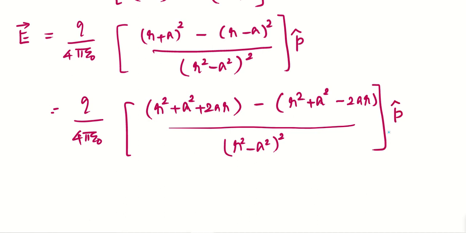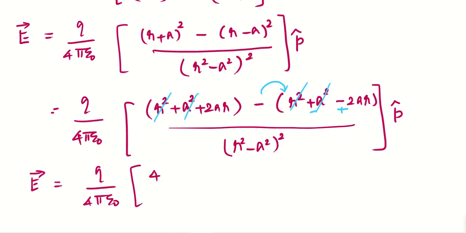So if you see here, r squared and the minus r squared go away, a squared and the minus a squared also go away, and the minus sign goes inside the bracket and becomes plus. So we can write the electric field E vector equals q divided by 4 pi epsilon naught, 4ar.